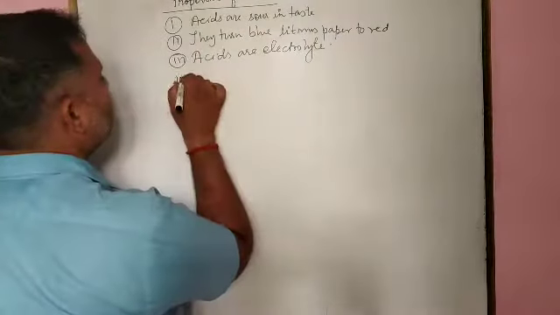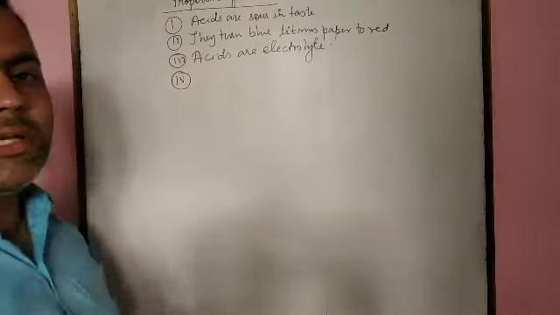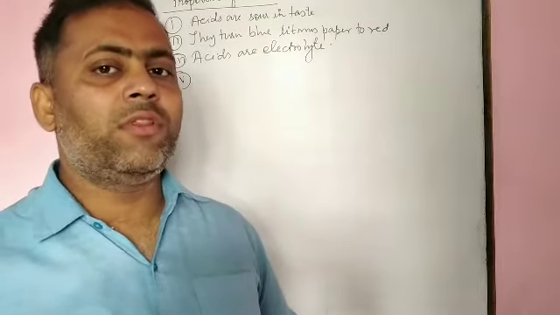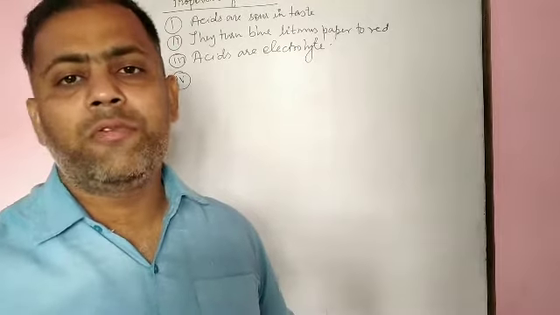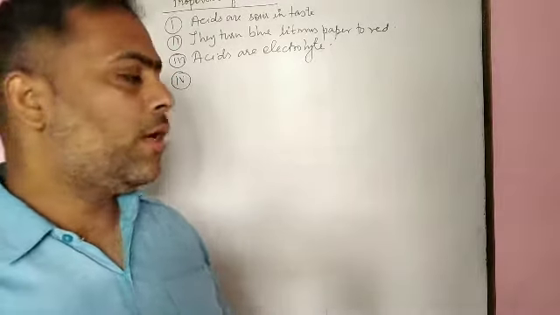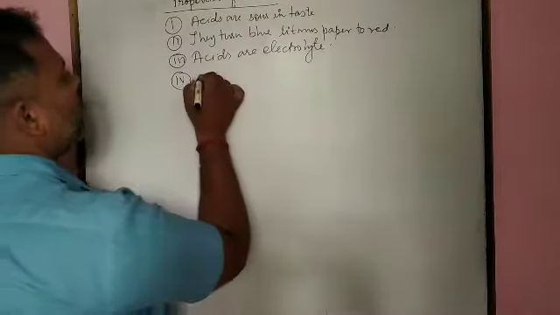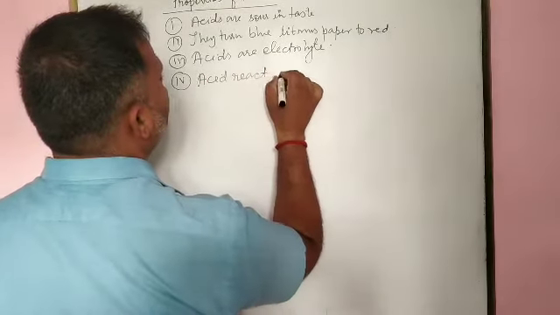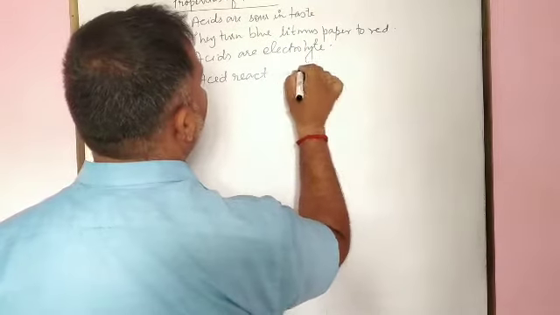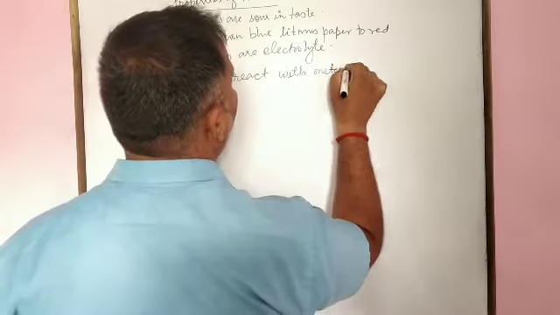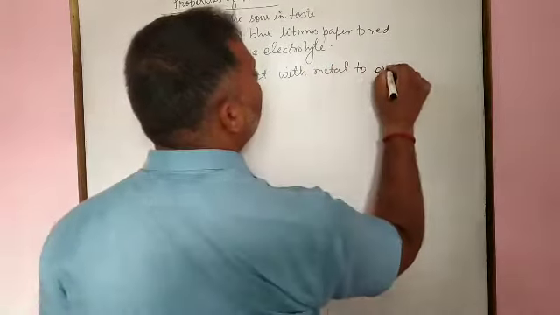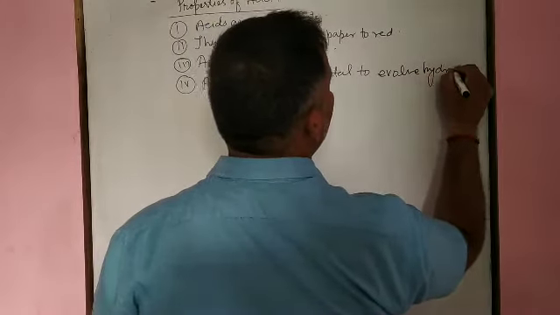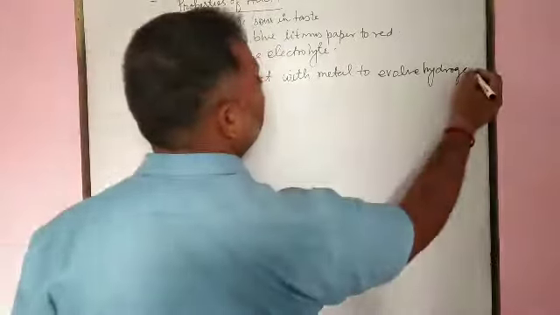Next, we will discuss that when acid reacts with metal, it evolves hydrogen gas. Let us see how. Acid reacts with metal to evolve hydrogen gas.